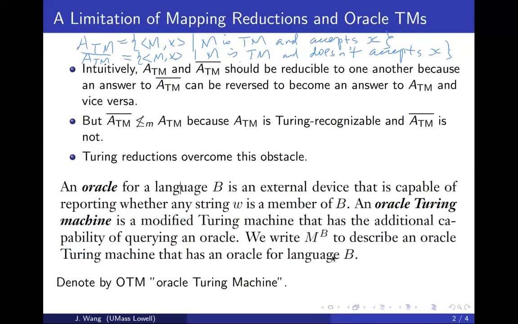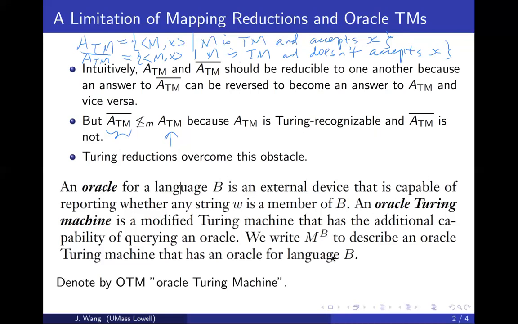However, using many-one reductions, we know that the complement of A sub Tm is not reducible to A sub Tm because A sub Tm is Turing recognizable, but the complement of A sub Tm is not. So if it is reducible, then the complement of A sub Tm should also be Turing recognizable, but we know that it is not. So that means the notion of mapping reductions will not satisfy our intuition.